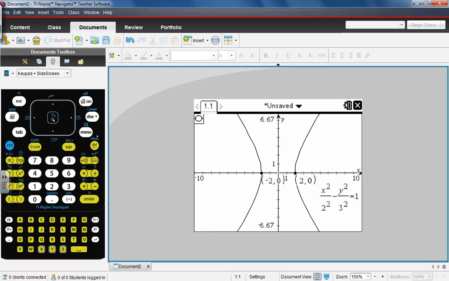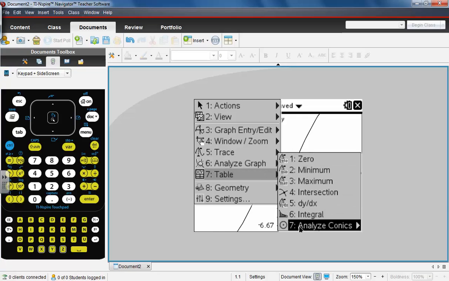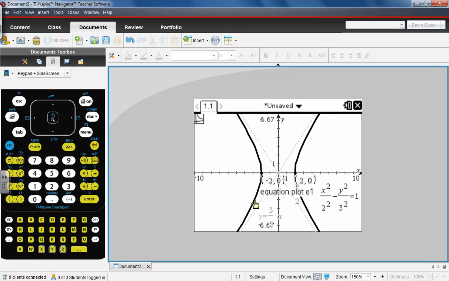So we can go again, Menu, Analyze Graph, Analyze Conics, and go right here to asymptotes. And again, you have to come to your graph before they'll show up. Then you may need to pull these out where you can see them better. So here are my two asymptotes.